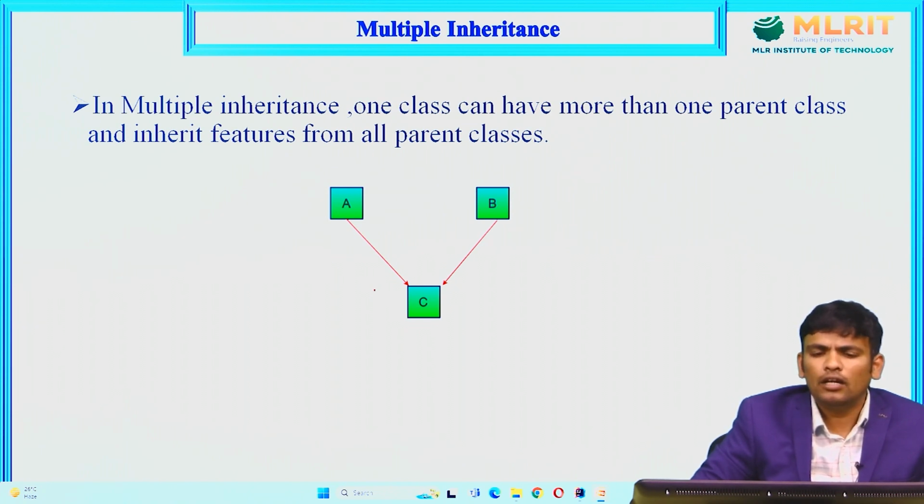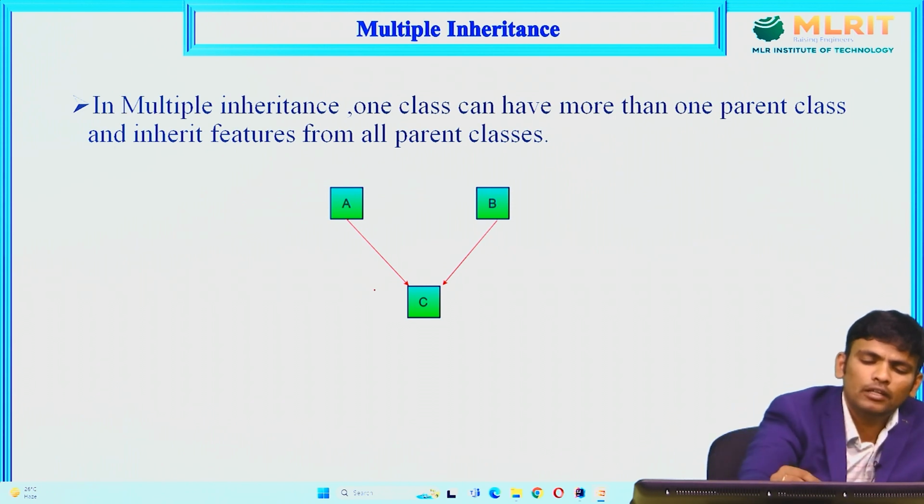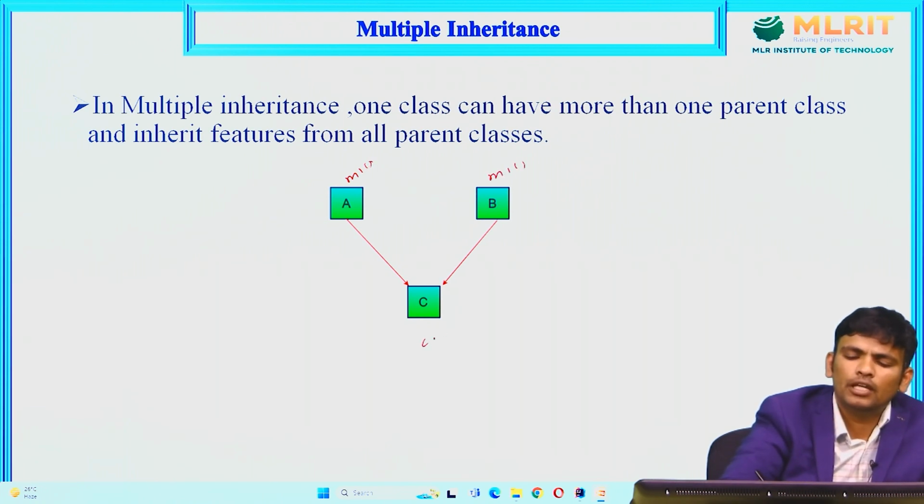So why is multiple inheritance not possible with Java classes? Due to the ambiguity problem. Suppose I have an M1 method here and an M1 method here also. By creating an object of the child class, you can access the parent class properties. So I am creating an object of the child class and trying to call the M1 method.